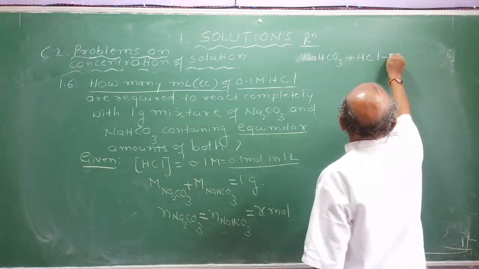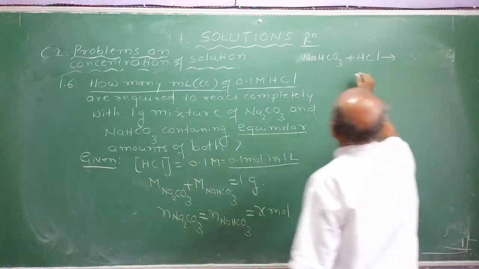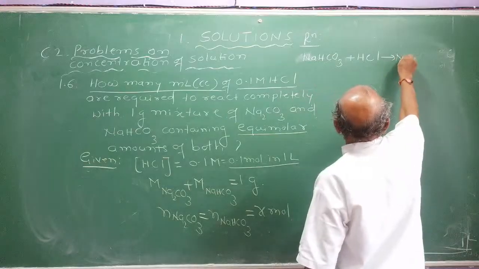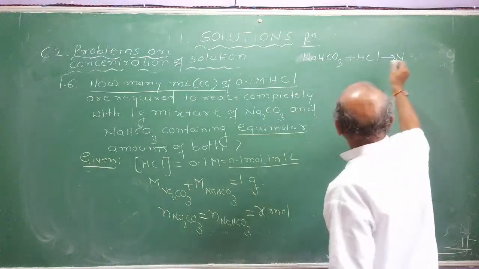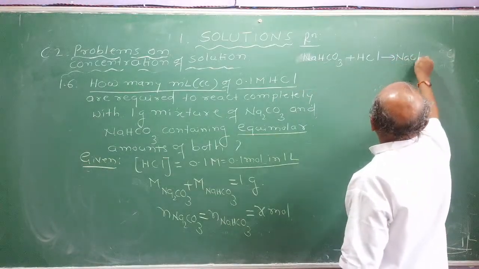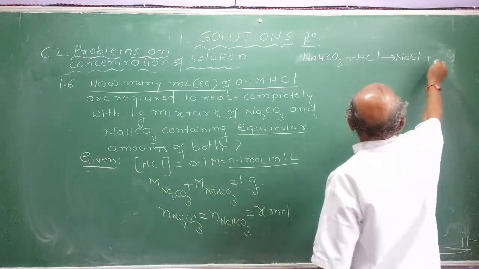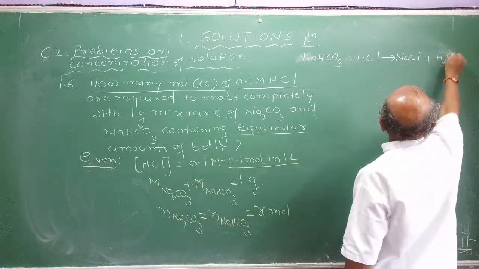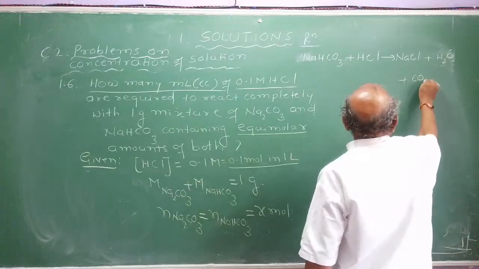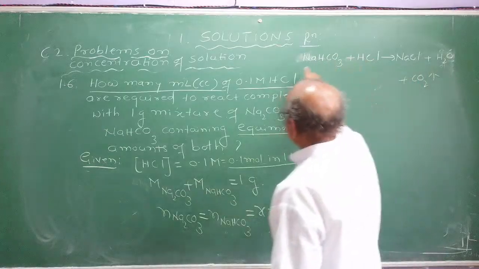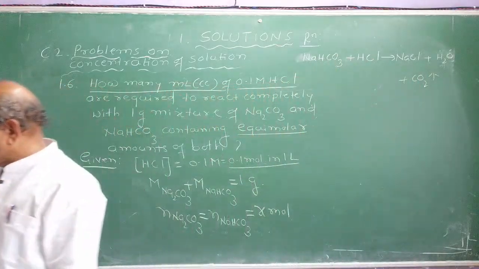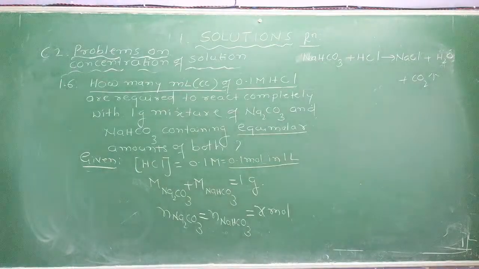Can you guess the product here? You can get the product as NaCl plus H2O, and CO2. Effervescence is observed in the laboratory. You studied this in 10th standard. Whenever any bicarbonates or carbonates are treated with HCl, what do they form? I'll give the hint.